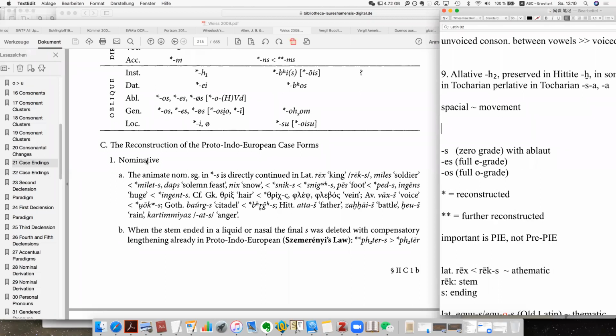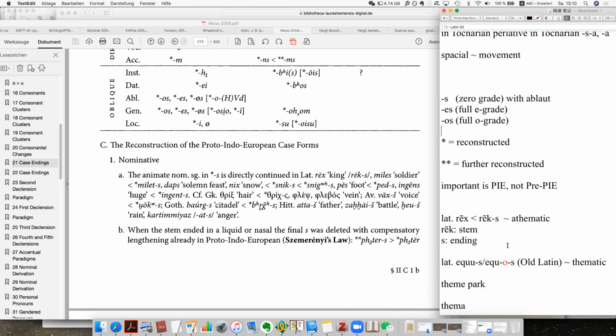The nominative is pretty simple, and you all know that the most important thing is the S. This is the sign or mark, so S is connected with the nominative.